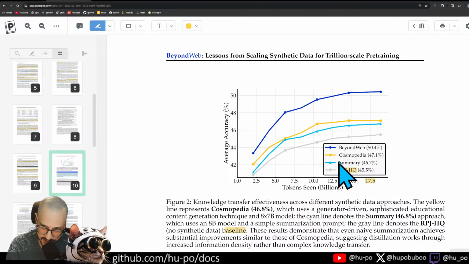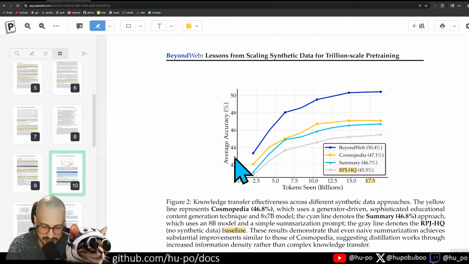But you can see here, summary versus Cosmopedia, a slight edge to Cosmopedia. But the fact that it's about the same shows us something. It demonstrates that even naive summarization achieves substantial improvements similar to those of Cosmopedia.